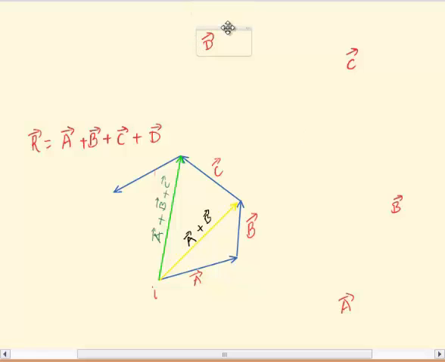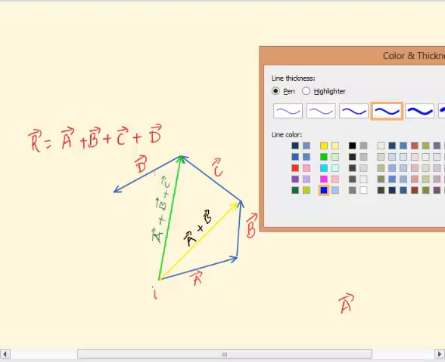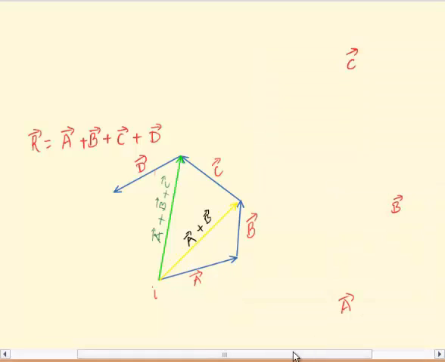Then the vector joining the initial point to the end of D vector will represent A plus B plus C plus D. Here is our resultant of A plus B plus C plus D. This is our initial point. This is our final point. So joining the initial to the final point will represent A plus B plus C plus D as proved.